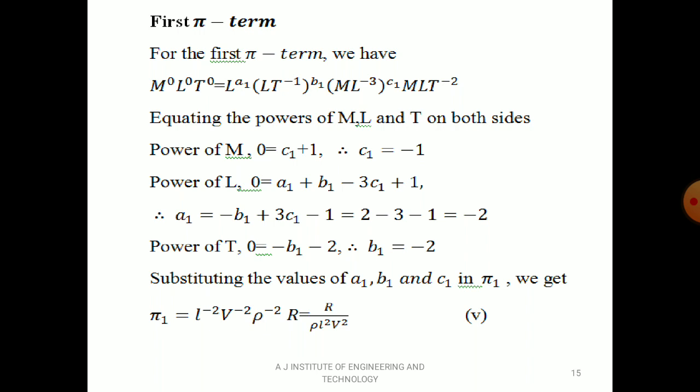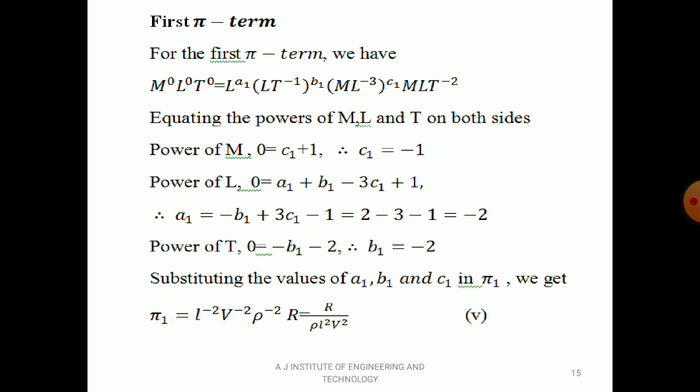So power of T, equating the power of T. So left hand side T to the power 0, right hand side T to the power minus B1 and T to the power minus 2. So expression becomes 0 equal to minus B1 minus 2. So from that we can get the value of B1 as equal to minus 2. So we can back substitute that value in equation 2, as values of C1 and B1 we already got.